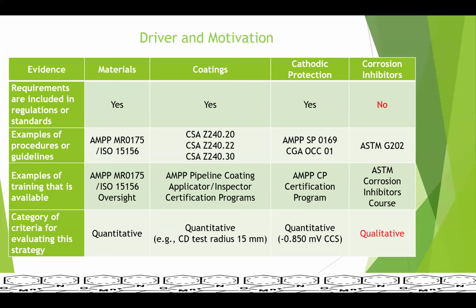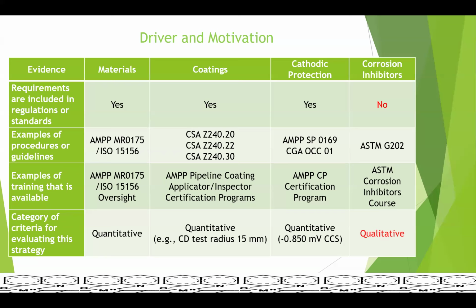If you look at the evaluation of these techniques for materials, the evaluation or selection of material is required in several regulations as well as in several standards. If you are going to select a material for sour service, everybody follows NACE MR0175 or ISO 15156. And the oversight committee provides training as to how to select appropriate material.